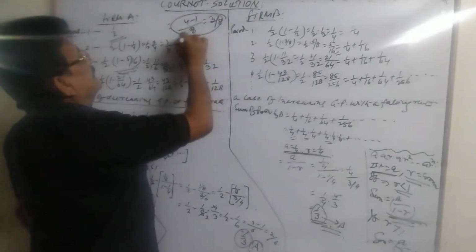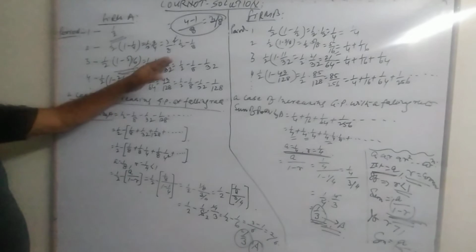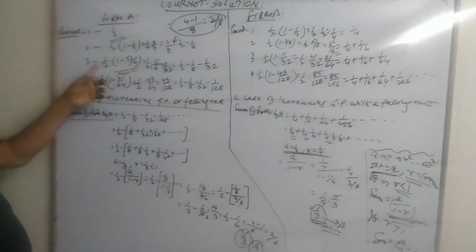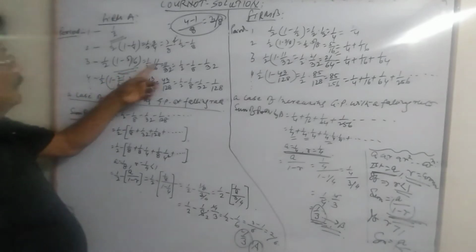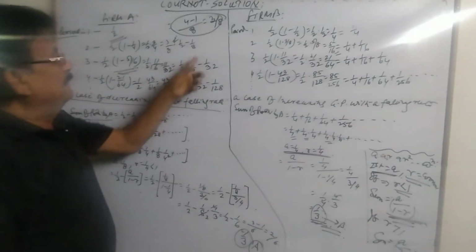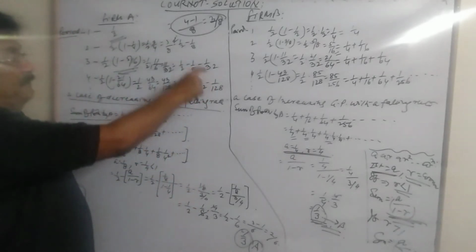This is 3 by 8, which we have here, so this has been only expressed as half minus 1 by 8. Now here we have 11 by 32, which has been written as half minus 1 by 8 minus 1 by 32. This will be the rate of fall for firm A.